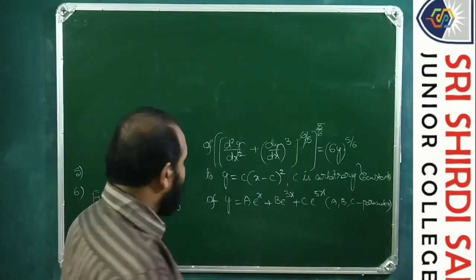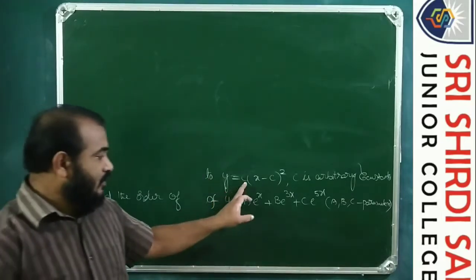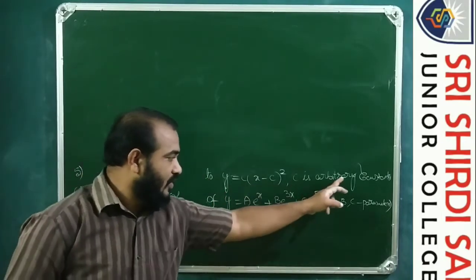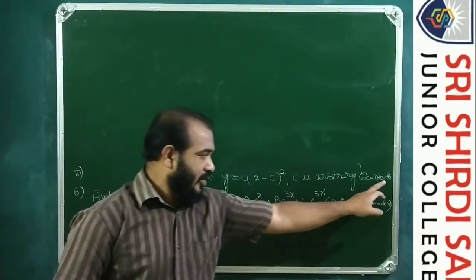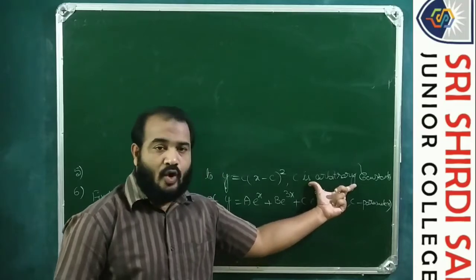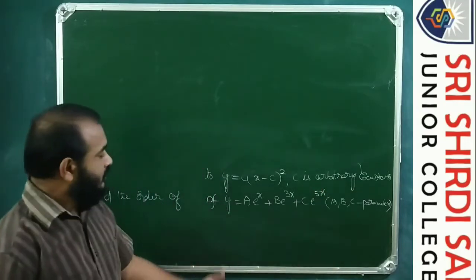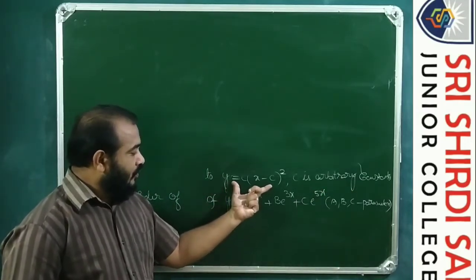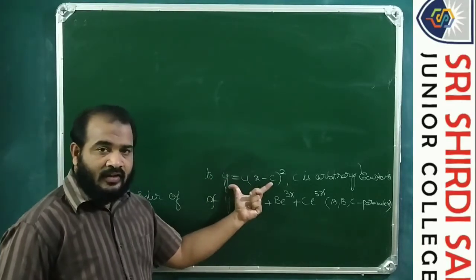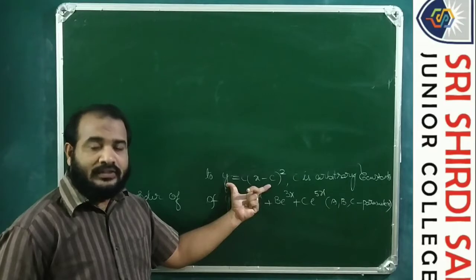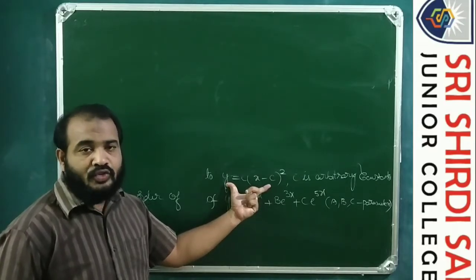That is clear. So y is equal to c into x minus c whole square, where c is an arbitrary constant. This itself gives us a clue, because to form the differential equation for this, we need to differentiate it once. How many times should we differentiate?